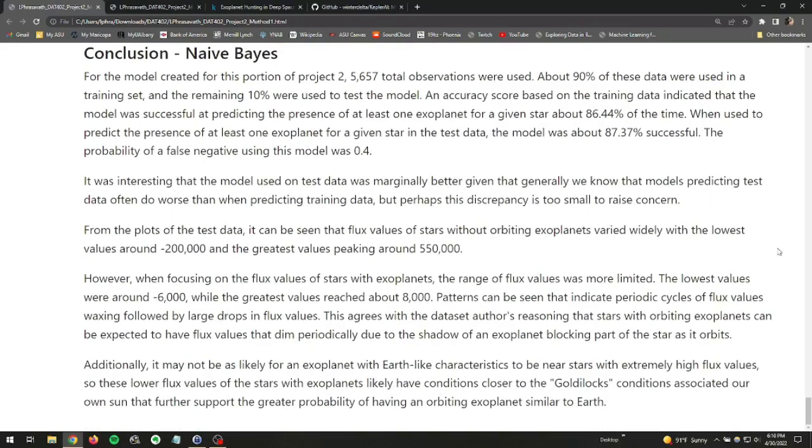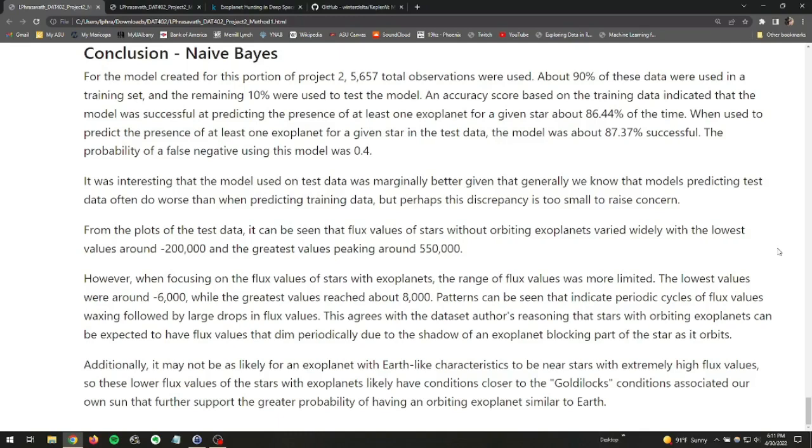So overall, so far with the naive Bayes, with our over 5,000 observations, we came up with a model that is accurate for about 86% of its classifications. The false negative rate wasn't super high, it was sort of just somewhere in the middle with 0.4.